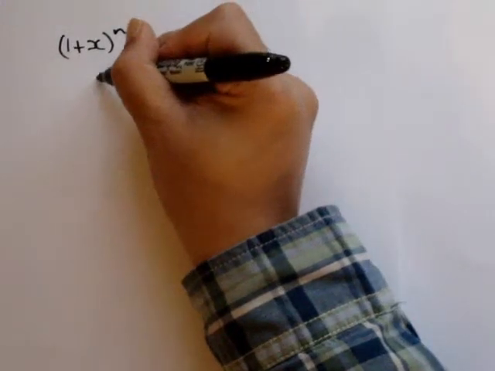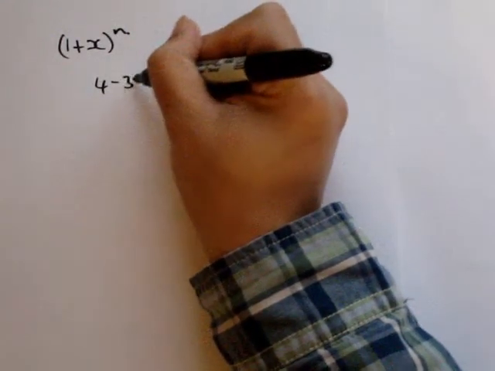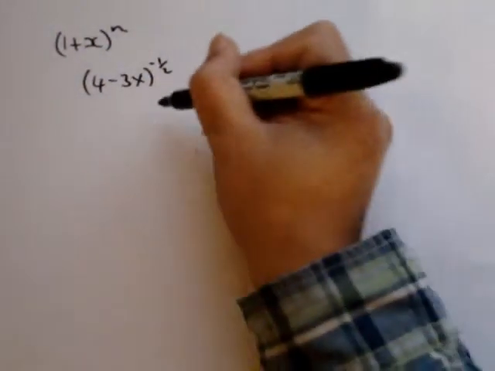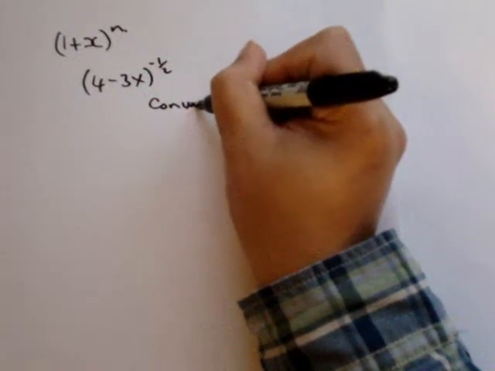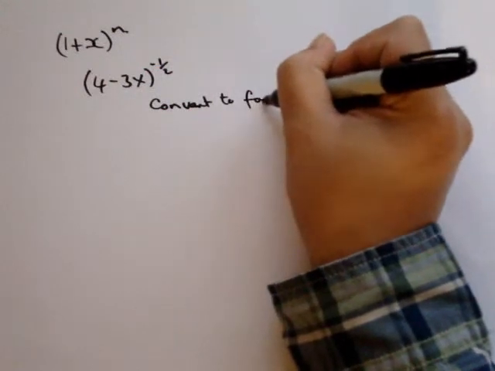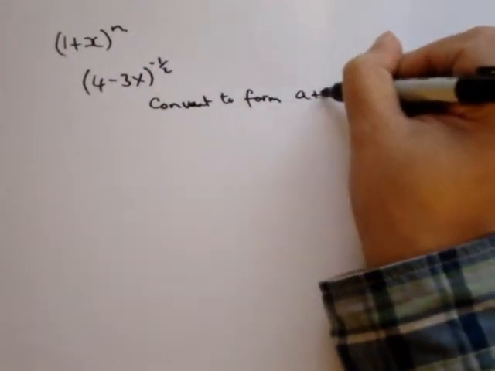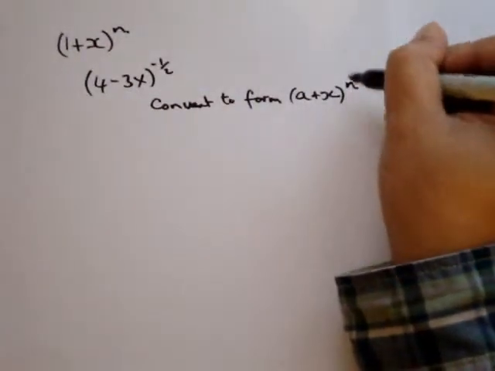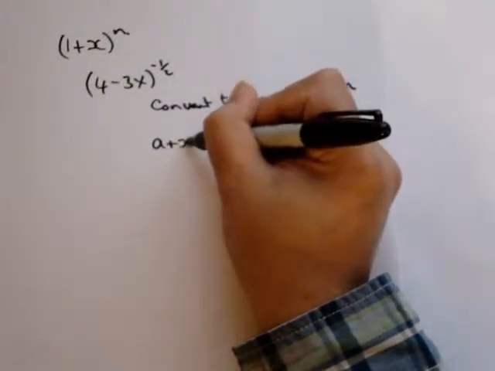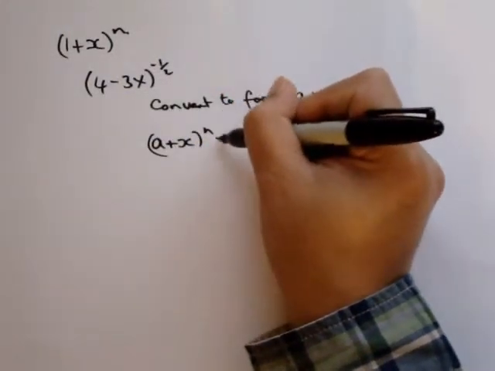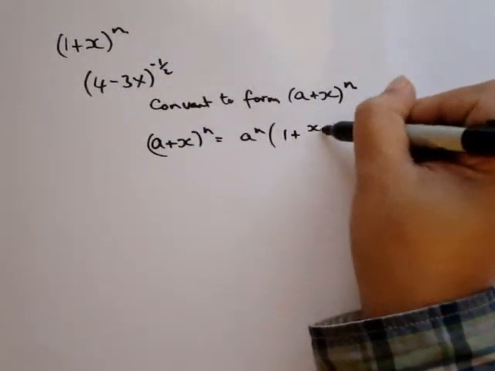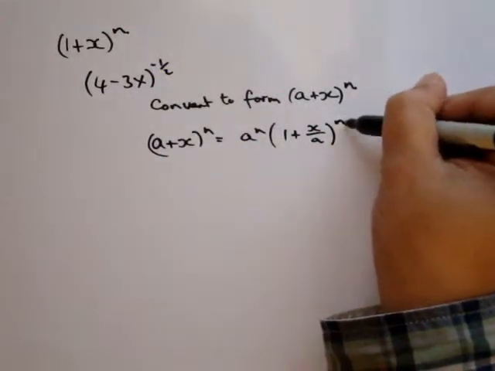So for example, if we had 4 minus 3x to the minus a half, we convert to the form a plus x to the power n, and the formula that we've used is a plus x to the power n equals a to the power n, 1 plus x over a, whole to the power n.